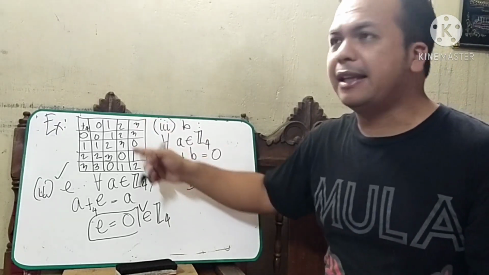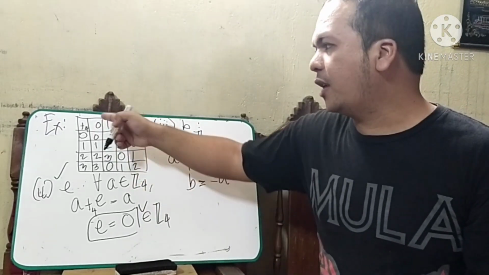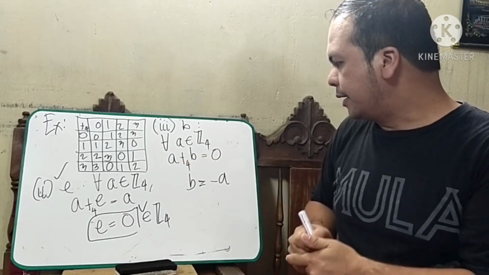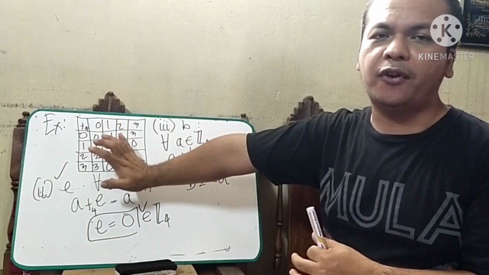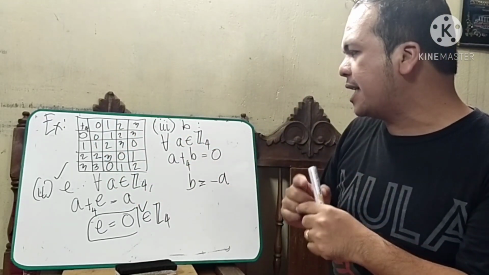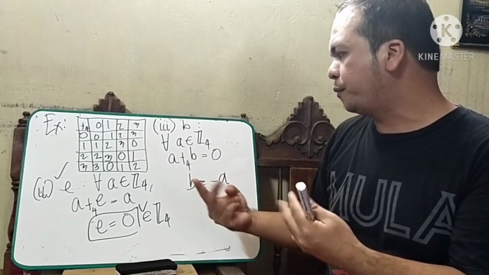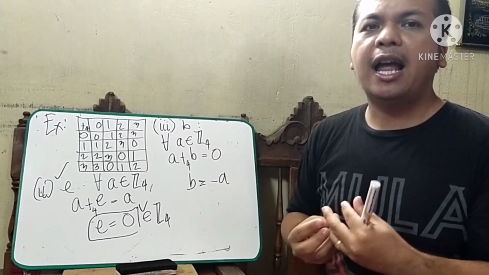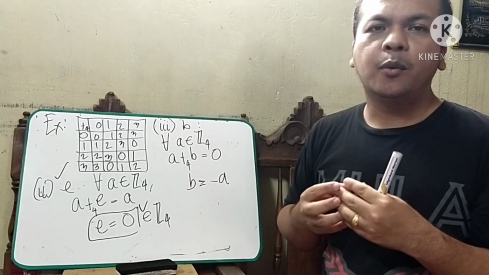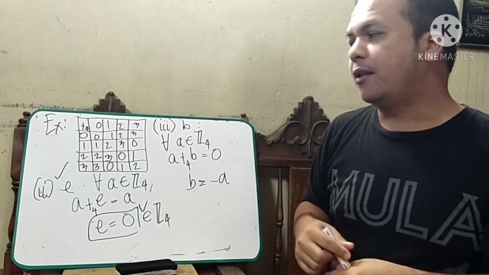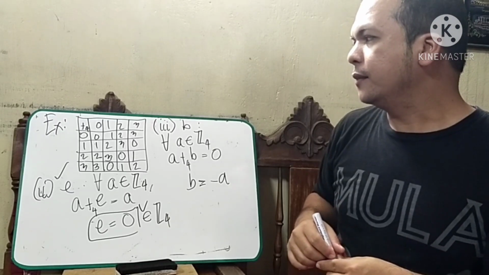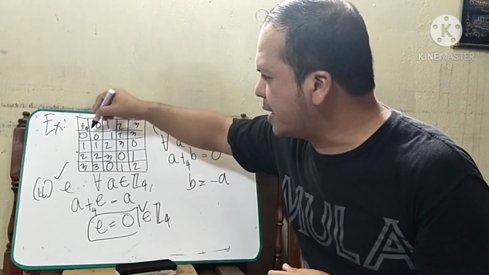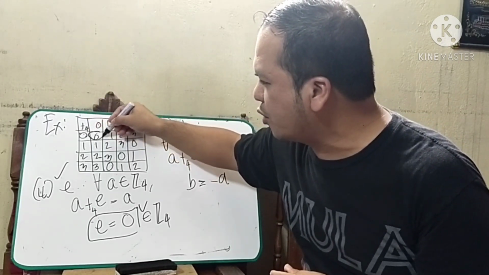But take note, wala namang negative na values dito sa ating Z sub 4. Meaning to say, kapag the negative of A with respect to addition modulo 4, nangyayari lang yan kapag when we add any two elements in Z sub 4, ang sum niya modulo 4 is equal to 0. So, mapapansin natin na kapag kinuha natin yung sum ng dalawang numbers na to, ang resulting sum modulo 4 is 0.